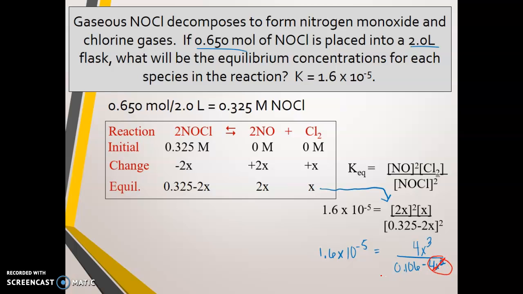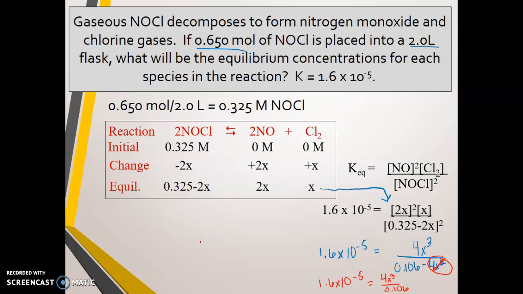So we're just going to cancel this out. That's going to give us 1.6 times 10 to the negative fifth is equal to 4x cubed over 0.106, and then solving for your x from there.